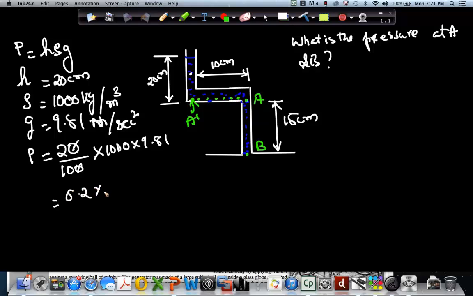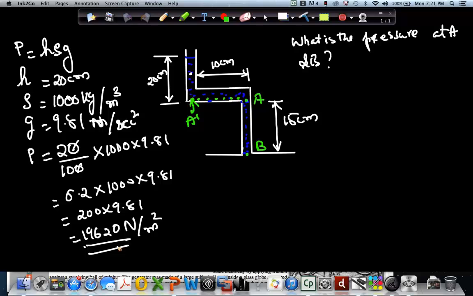0.2 into 1000 into 9.81, which is 200 into 9.81, which is 1962 Newton per meter squared.